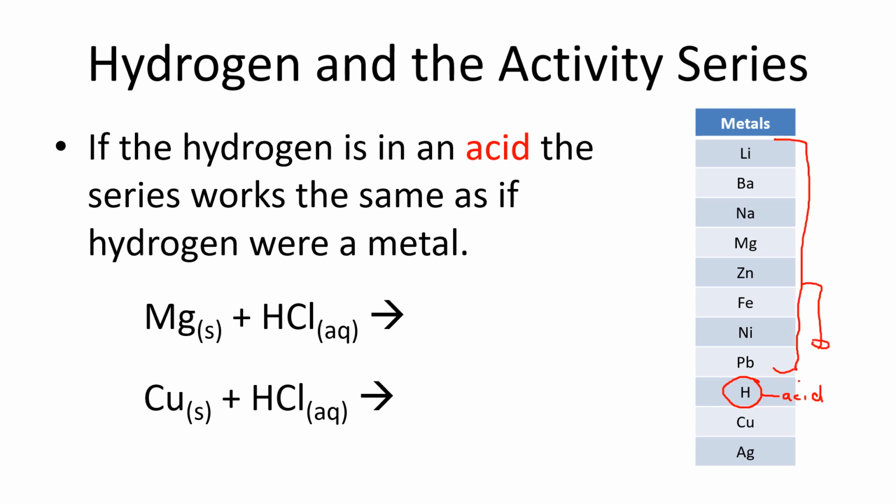So magnesium with hydrochloric acid, so there's the hydrogen, the magnesium can displace it, and you'll get magnesium chloride, this time aqueous, and some hydrogen gas, right? That's the way hydrogen is as an element. So to balance it, you need a 2 there, and then you're good. Copper is down here below hydrogen on the activity series, so that means that you'll get no reaction here.